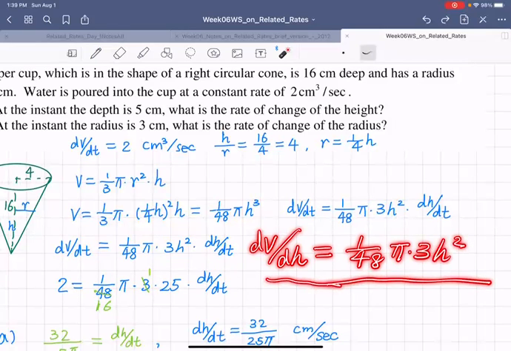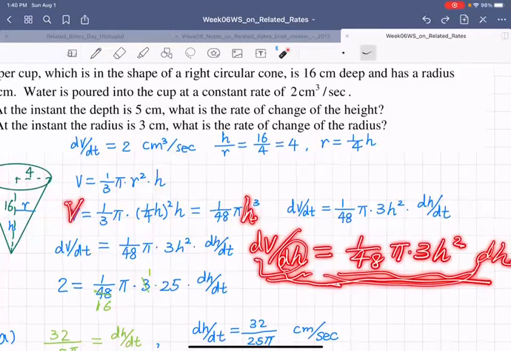Because h is the independent variable and V is the dependent variable. So this is your y, this is your x. So you have your dy over dx equals this. Now you put the dh on the other side, and then you do d over dt on both sides.